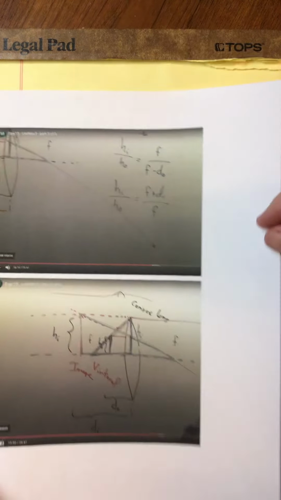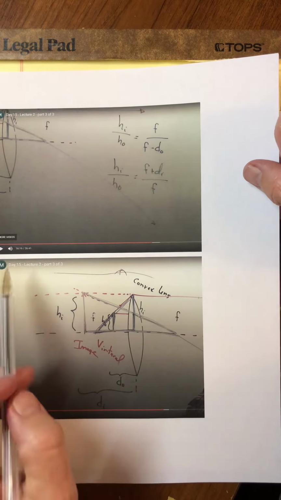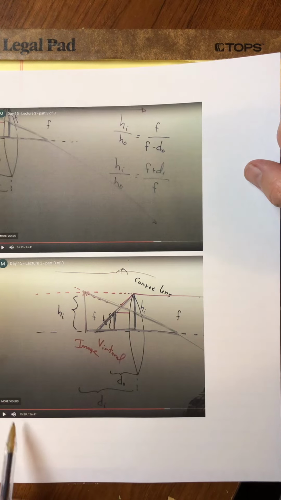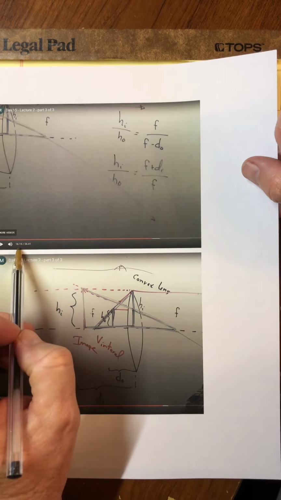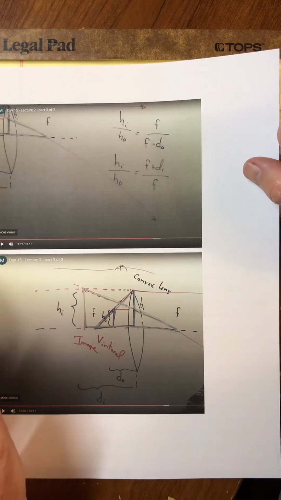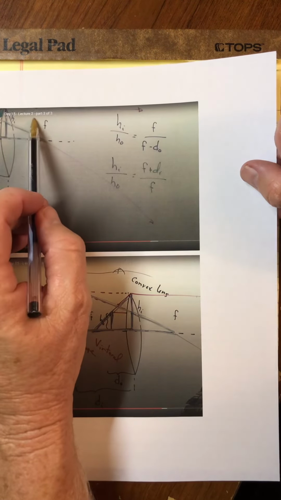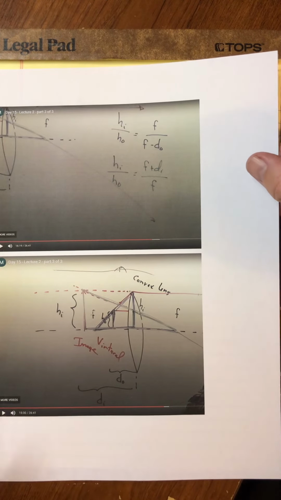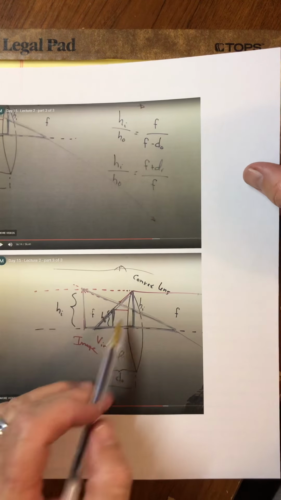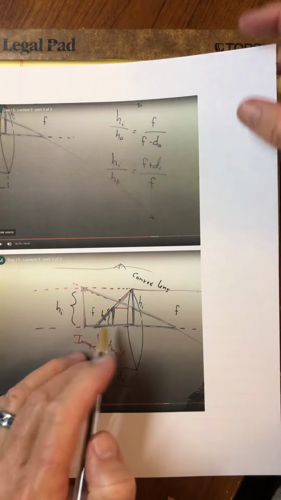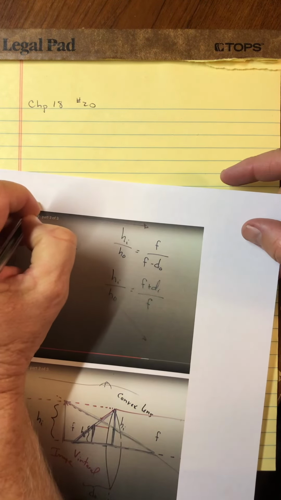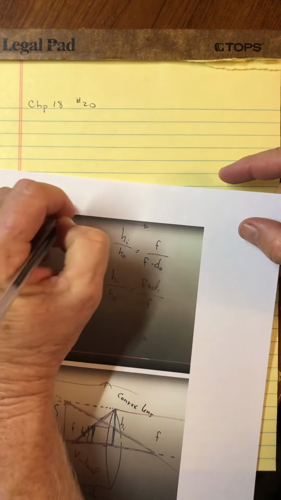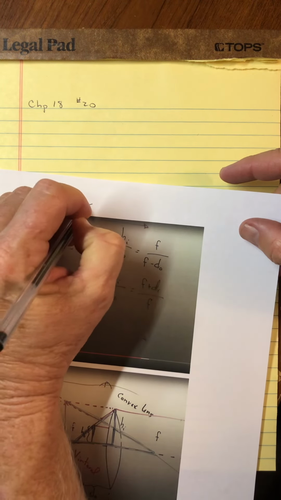Let's look at another screenshot a little later in the video, about 16 minutes and 19 seconds. Again, it's day 15, lecture 2, part 3 of 3. Same lecture, and I'm still working with the convex lens, but this time the object is closer than the focal point.